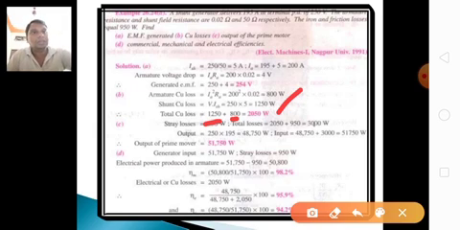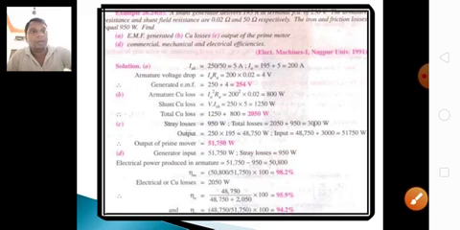The total losses means constant losses plus variable losses. So total losses is 2050 watts plus 950, so the total is 3000 watts. Right. Next, what is the output of the prime mover? The output formula is V into IL.